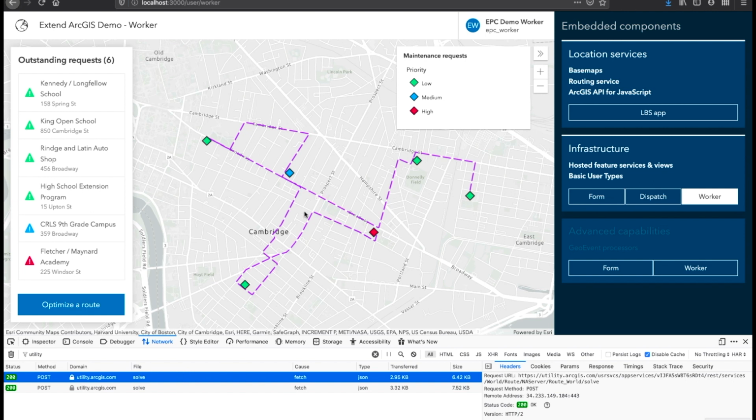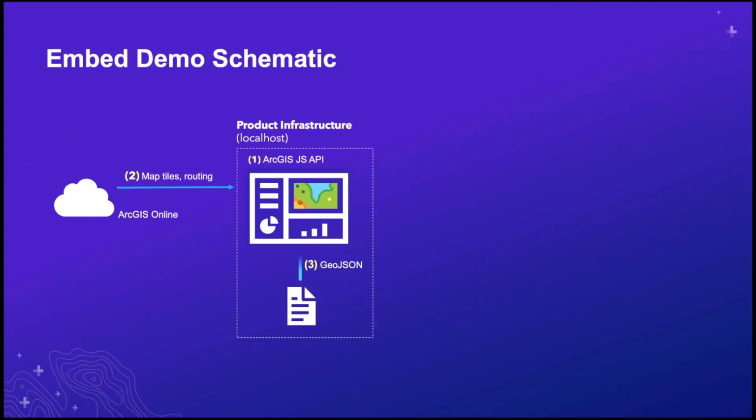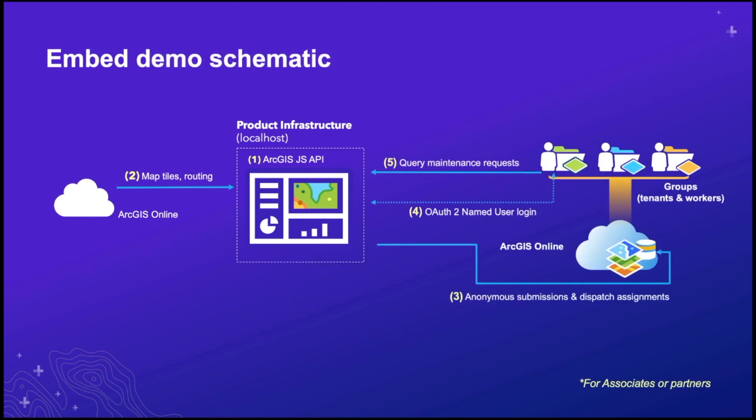It looks surprisingly complex. But the way that this one works is, now instead of fetching data from a GeoJSON file, we're interacting with a live service hosted within ArcGIS Online. So from that live service, anonymous submissions can go in, and dispatch editors can make edits to assign workers to the request. And then that data is shared with the appropriate users through groups.